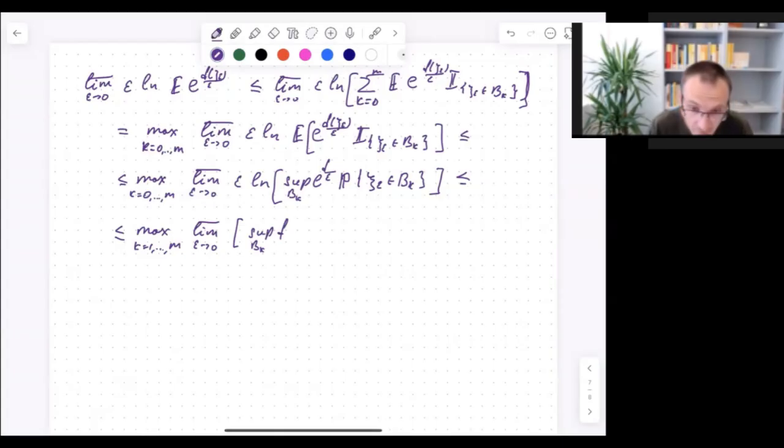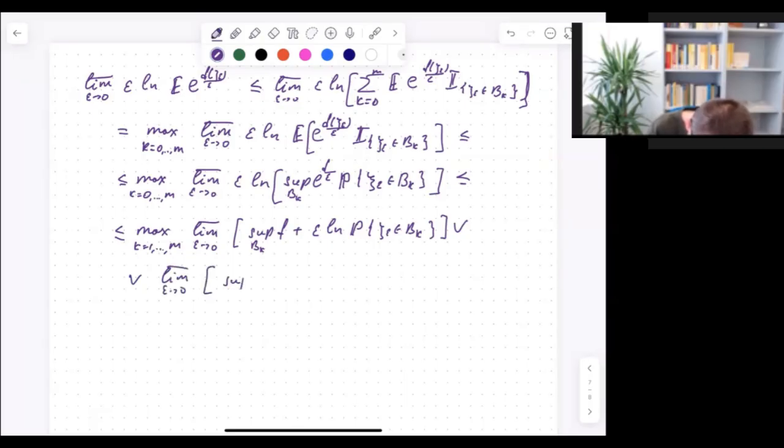Then we will have plus epsilon logarithm of the probability that psi epsilon belongs to bk. And then we have the maximum with the case k equal to 0. It is also the limit as epsilon goes to 0. And here also we have the supremum, but over b0 of f, plus epsilon logarithm of the probability and so on. So it is actually not important what is here because we will estimate it.